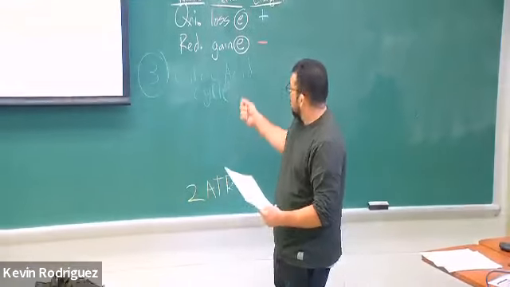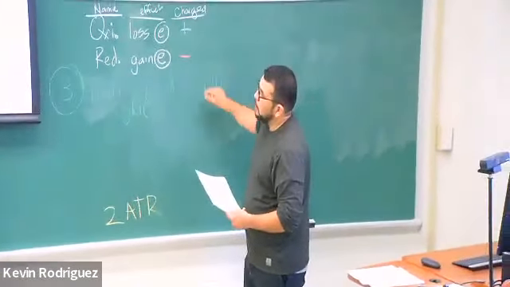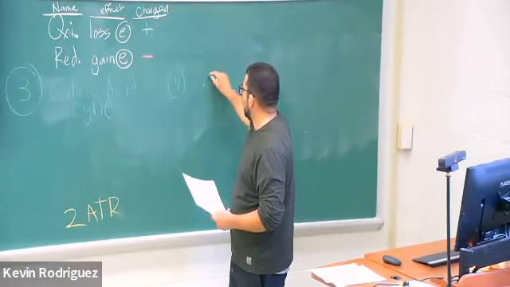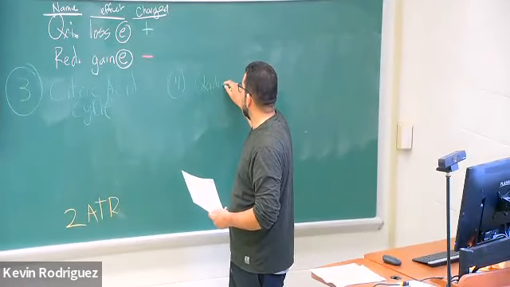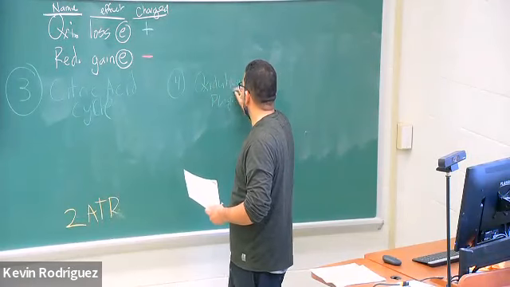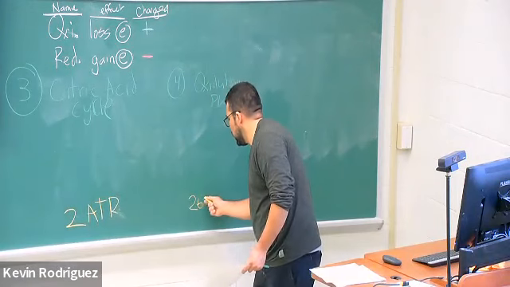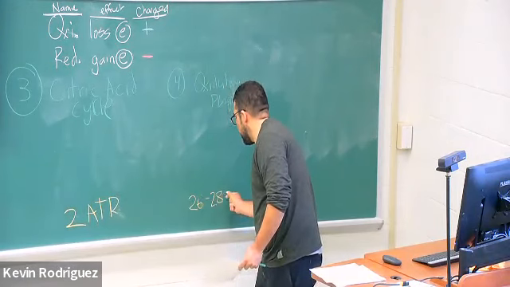The final step is making, like I said, your oxidative phosphorylation. Which is going to produce that last set of 26 to 28 ATP.